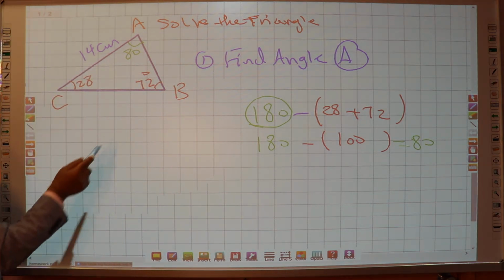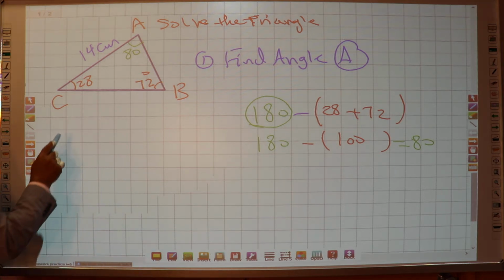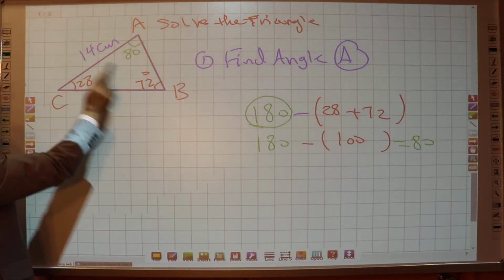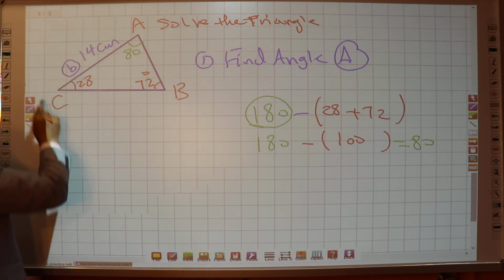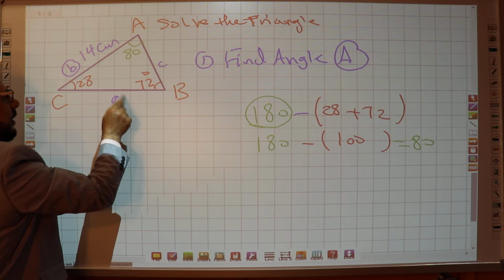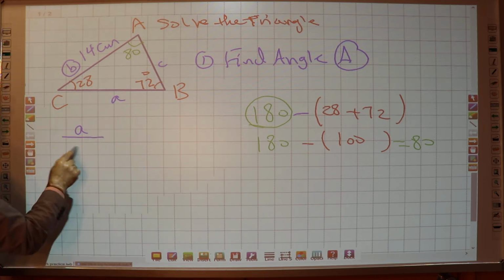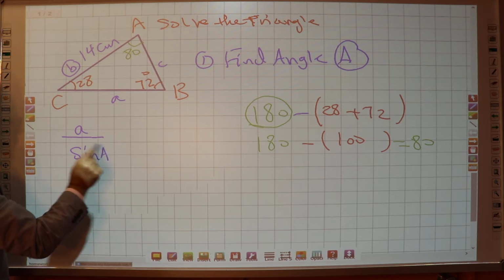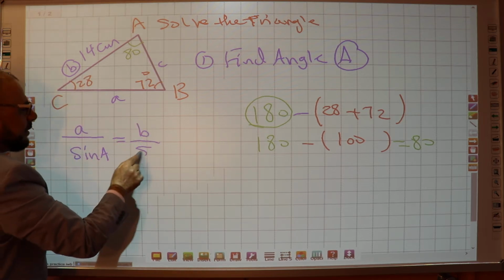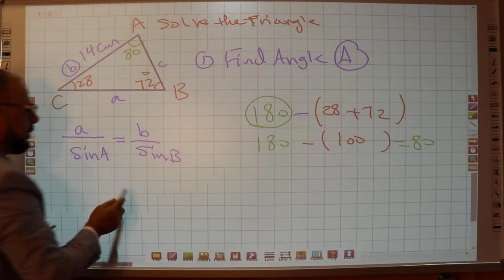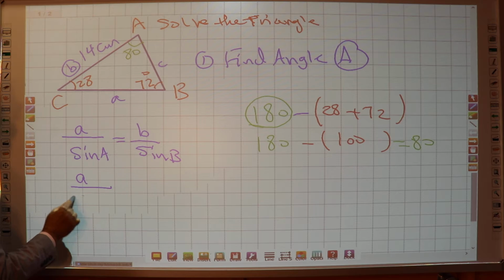Second step, apply the law of sine. You can take B, this B, the blue, right? This is B, this guy is C, and this guy is A. You can find whatever you want. Let me start with A. A over sine A equals B over sine B. Now, what we need is A, and sine A is sine 80.